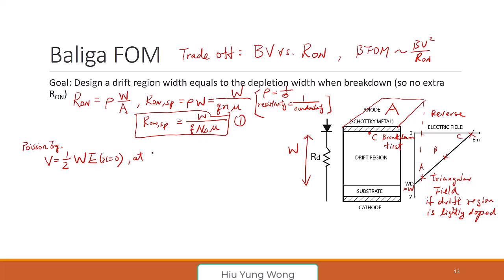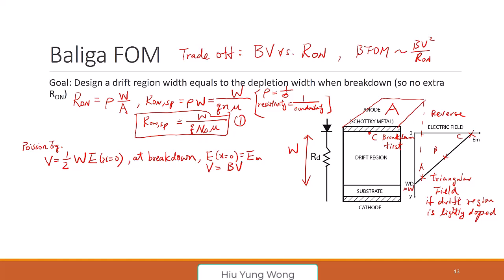But at breakdown, we have E at X equals 0 equal to EM, the critical electric field. We also have V equal to the breakdown voltage. This is the voltage at which we say it just breaks down.